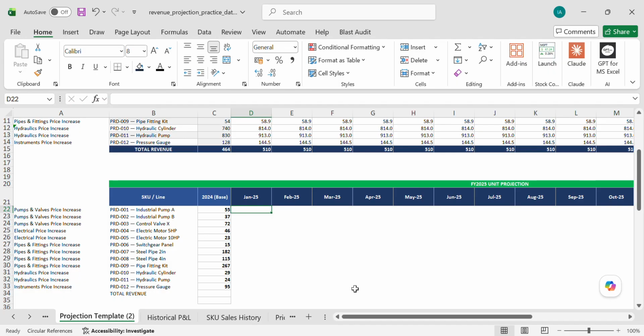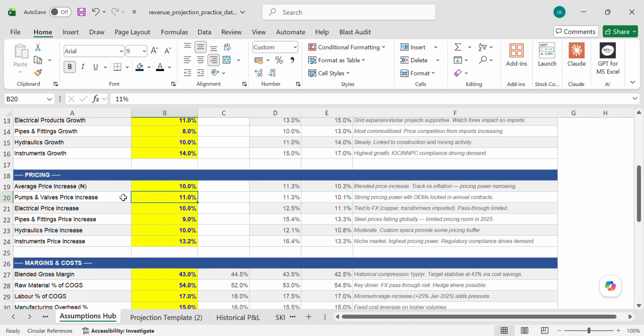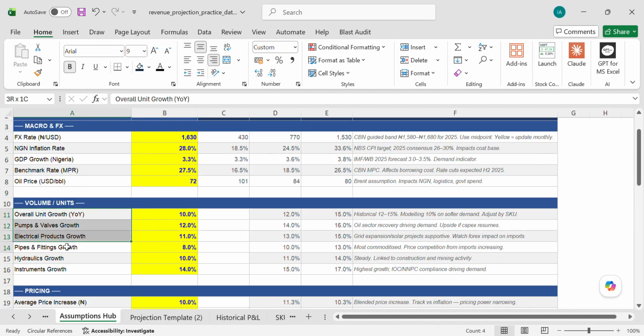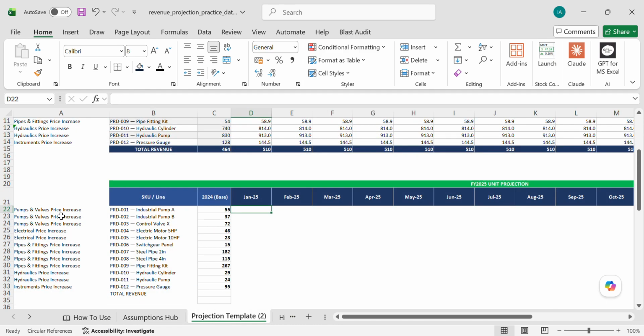So where's our assumption? So price, we've done our price, our margin. Let's see our volume. So our volume here, you see that we already have this here. So we are doing 12, 11, 10, 18, like that. So for pumps and vibes, we come here. We do the same thing.